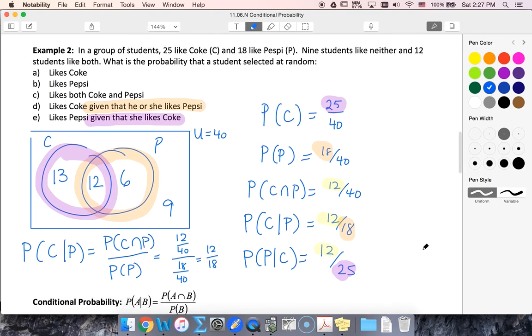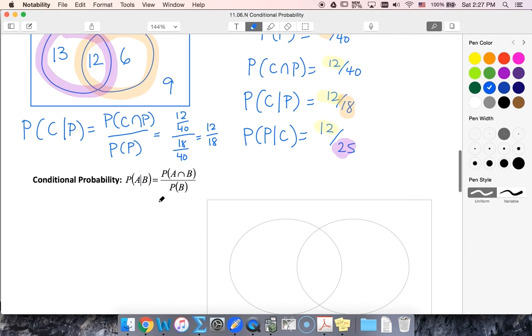So this becomes our formal rule for conditional probability. You'll see this in your formula booklet as well. If I have conditional probability where I've got A given B, so if this is my A and this is my B, well, given B means I'm only looking at the B circle.